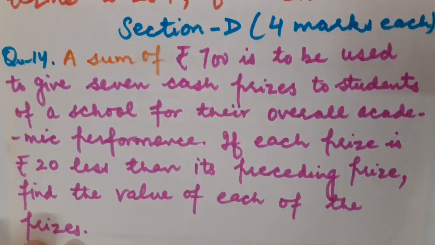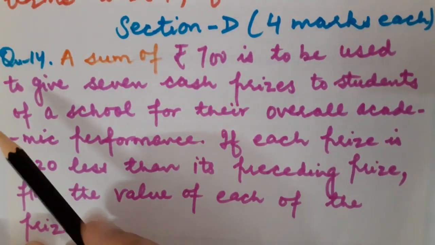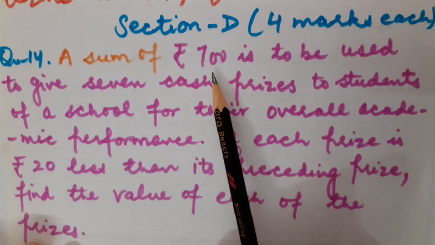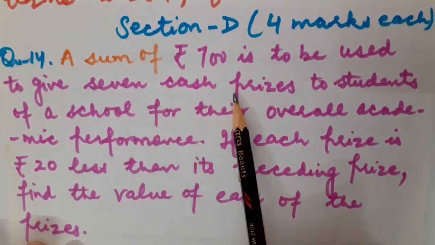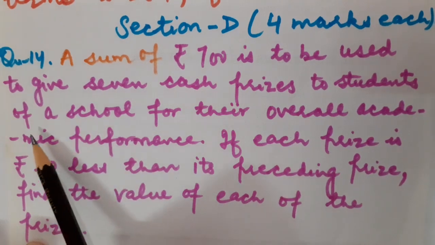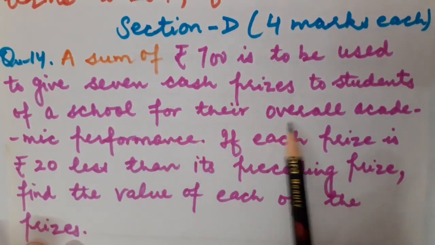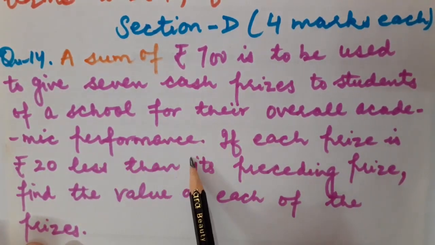Correct? Now children, I am going to switch to section D, 4 marks each. Question number 14. A sum of rupees 700 is to be used to give 7 cash prizes to students of a school for their overall academic performance.